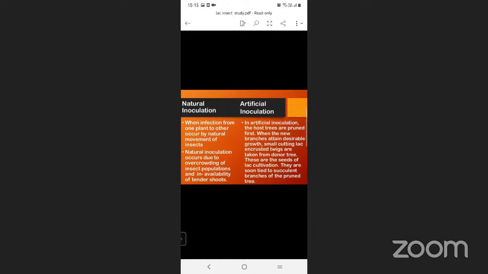So we say that it is a natural inoculation. Natural inoculation occurs due to the overcrowding of insect populations and unavailability of the tender shoots. So the quality also varies.